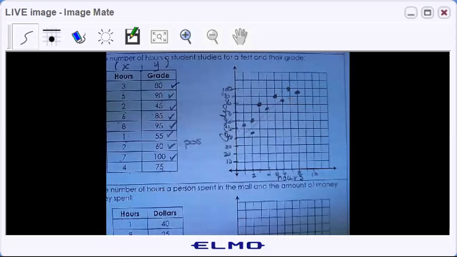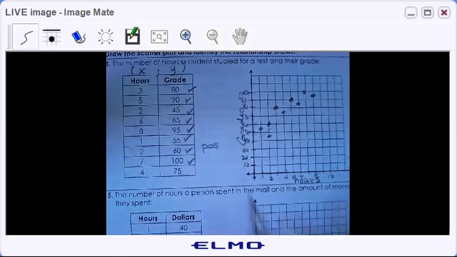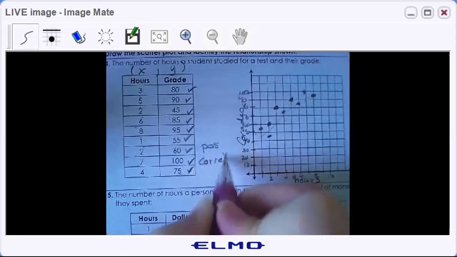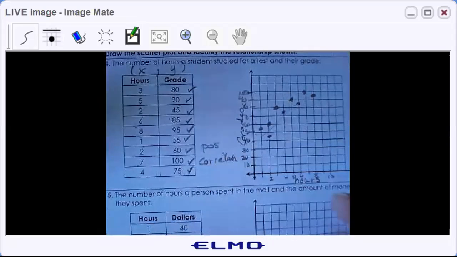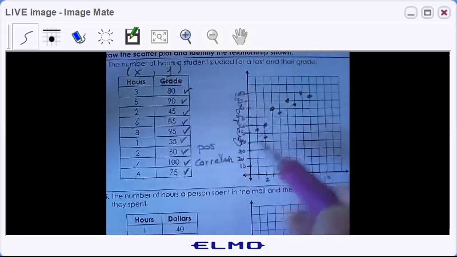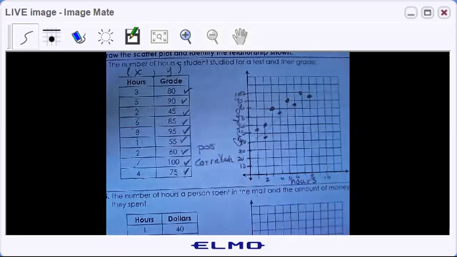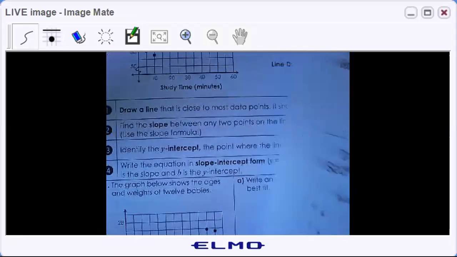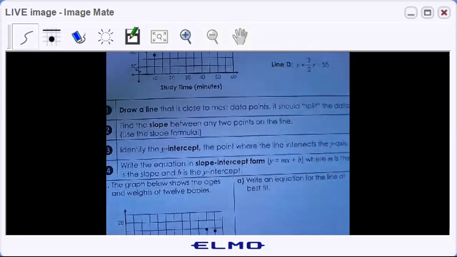Okay, so that's part of the deal. Once we get it graphed out, we look at it and go, okay, is it trending up? Is it trending down? What's it doing? The other part of this is actually writing an equation for our line of best fit.